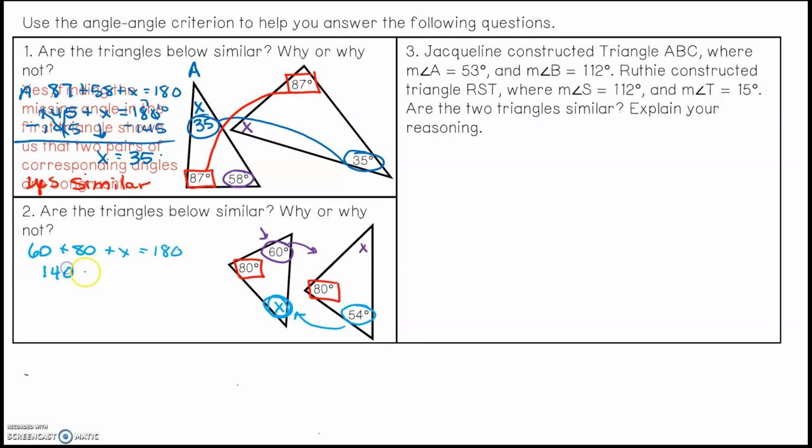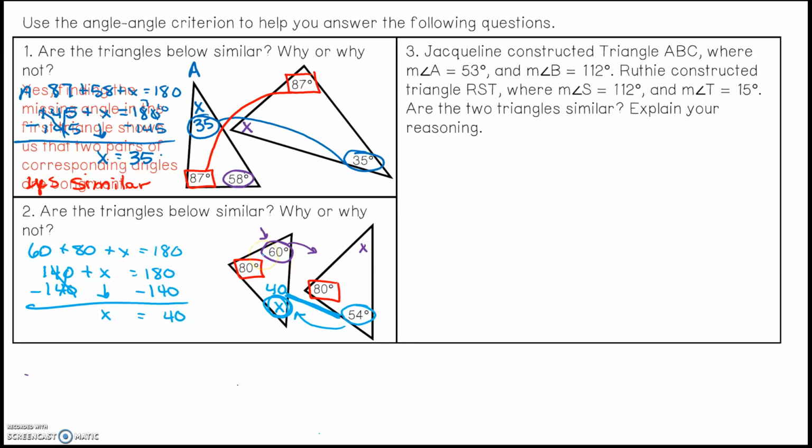That's 140. Subtract 140 from both sides. That makes 0. This drops down, and this gives us 40 degrees. So this one's 40. It doesn't match here. Those are not congruent corresponding angles.